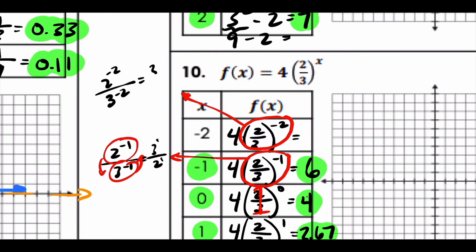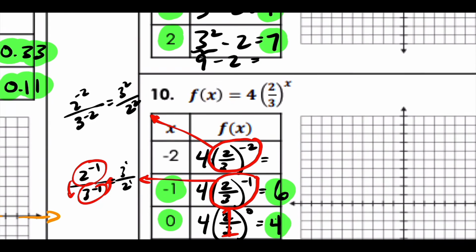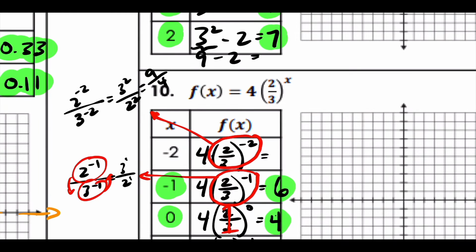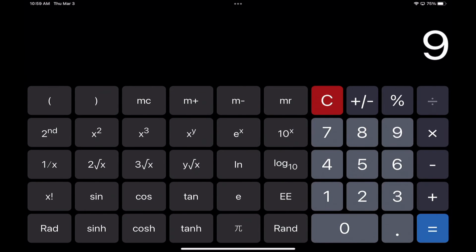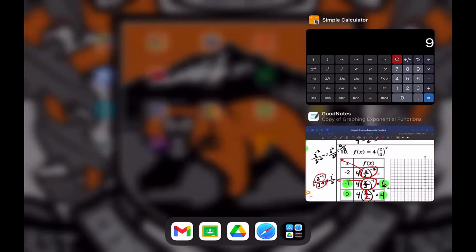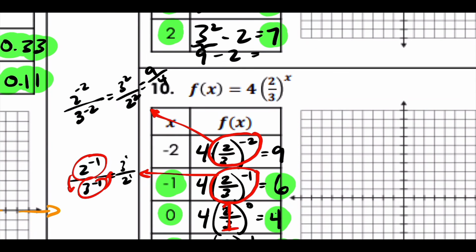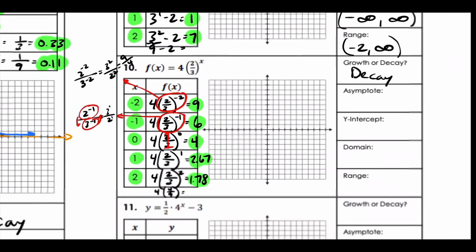Flip. So now that's going to be 9 over 4. Go to my calculator. 9 divided by 4 equals 2.25. Times 4, 9 whole. No decimal. Done.